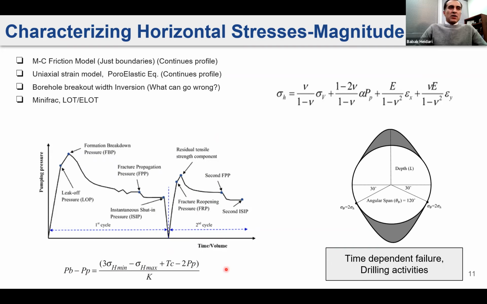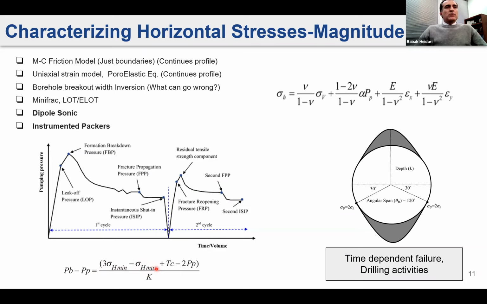So this is the breakdown pressure, pore pressure, minimum and maximum horizontal stress, tensile strength, and bulk modulus. By having this information, you can back calculate the maximum horizontal stress. This is what we are looking to find through this formula.